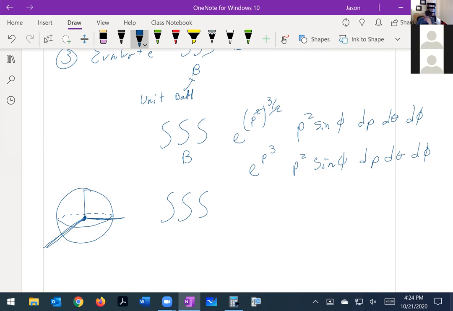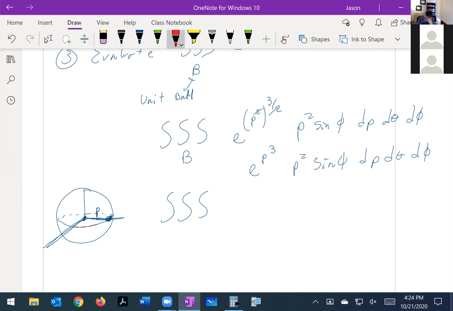Well, rho is just going to be the radius, right? I'm just going to go out rho. Theta is going to be all the way around the equator. Does that make sense? Take this point that's out rho on the equator and then go all the way around the equator.